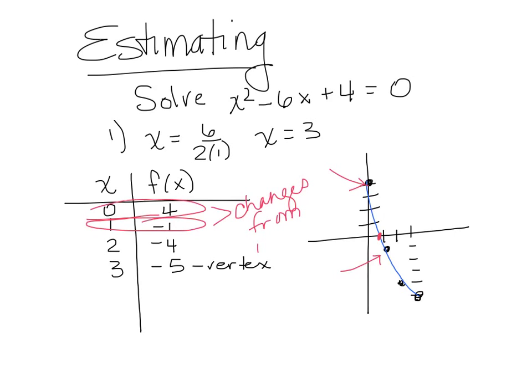from positive to negative. If you think about it, the only way for the y values to go from positive, like y equals 4, to negative is that somewhere between those two points, y has to equal 0. So y has to equal 0 where it changes from positive to negative.